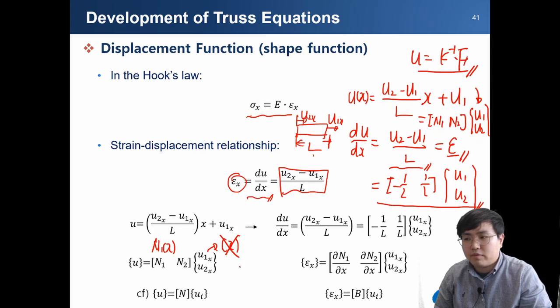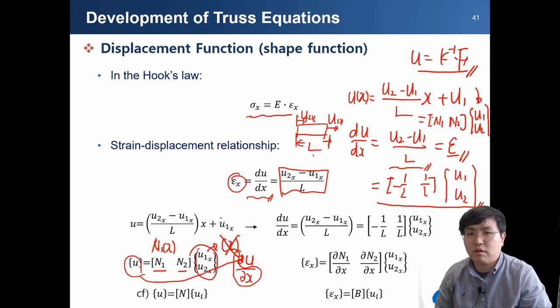That means that when you derive this u vector, this part is not affected by the derivative operator, because these are constant values and do not change. However, n1 and n2 are functions of x, so you should differentiate them by x, and this part becomes b1 and b2.